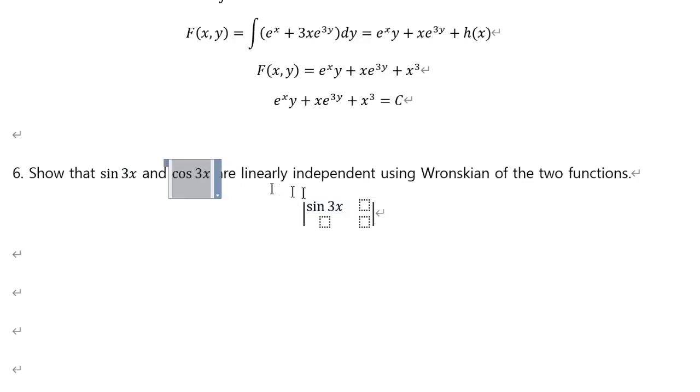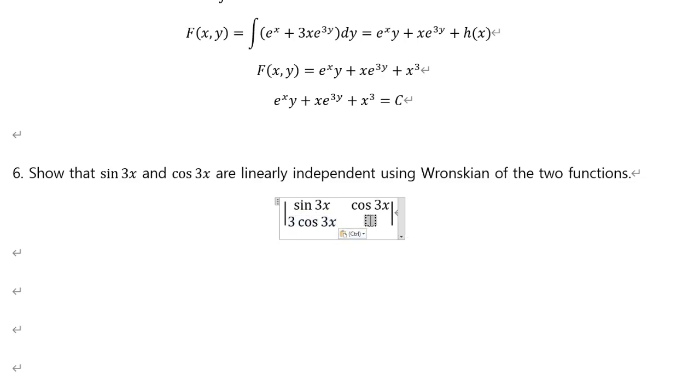You have this, and then the next rows are created by differentiating these separately. So if you differentiate sine 3x, you're going to get 3 times cosine 3x, right? On the other hand, if you differentiate cosine 3x, you get negative 3 times sine 3x.